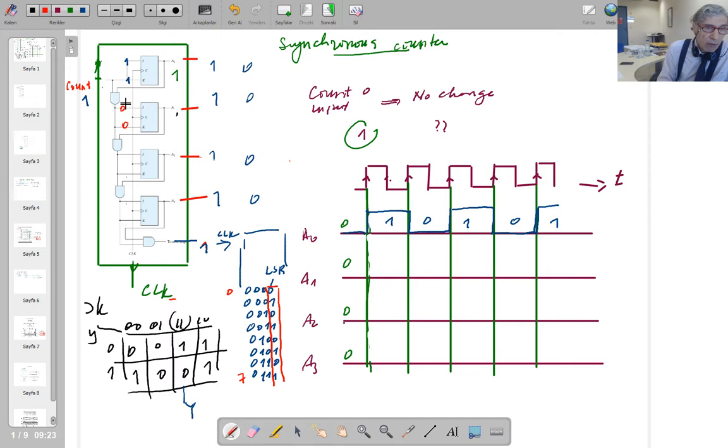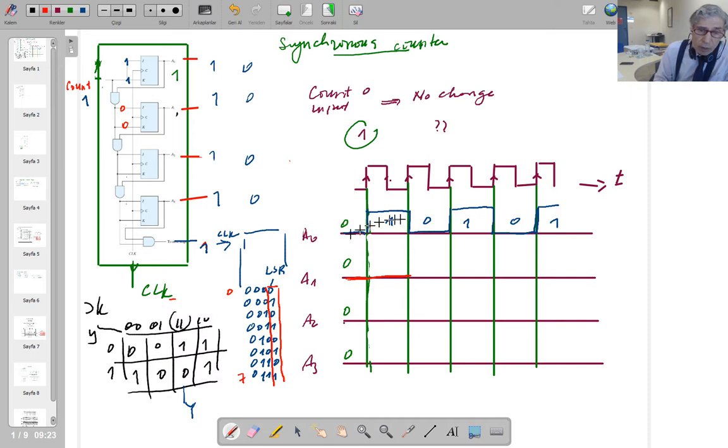When input is 0, 0, that means no change. So the second memory element output is going to be 0 after the first clock pulse. Right? What about the second clock pulse?